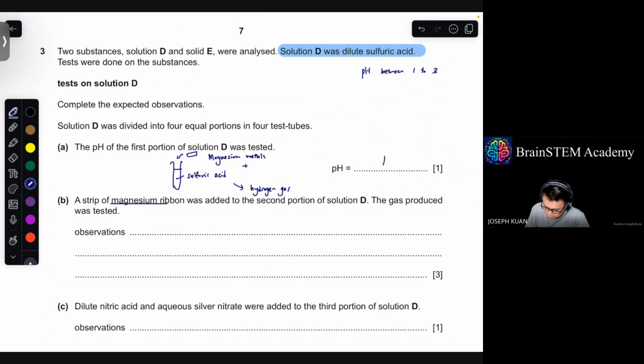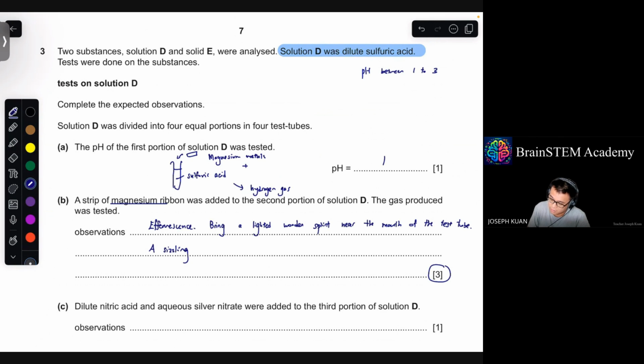So the observation will be effervescence, and this is a 3-mark question, which means that we have to further show the observations of the gas formed. How can we prove that it's actually hydrogen gas? You can bring a lighted wooden splint near the mouth of the test tube and a squeaky pop sound is heard.